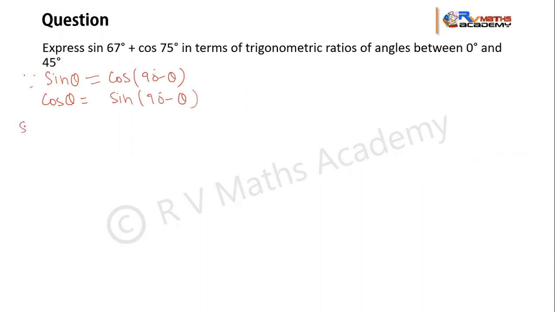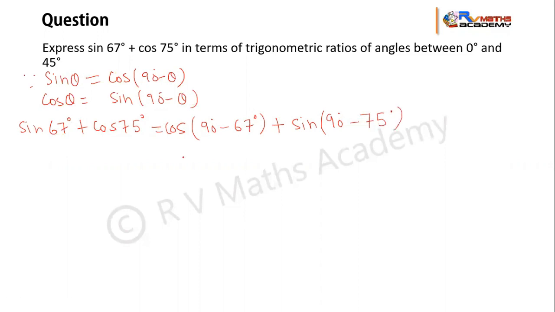Now we can write our expression sine 67 degree plus cos 75 degree. Sine theta is equal to cos (90 minus theta), so we can write sine 67 degree as cos (90 degree minus 67 degree) plus, now cos theta is equal to sine (90 minus theta), so we can write cos 75 degree as sine (90 degree minus 75 degree), because our theta is 75 degree here.